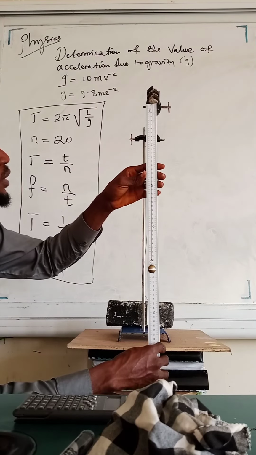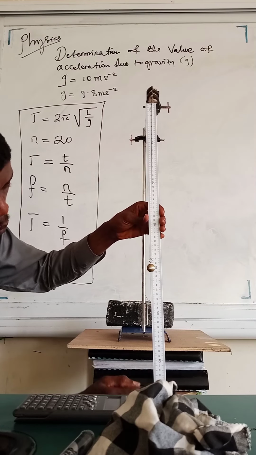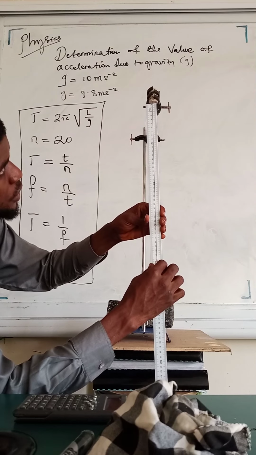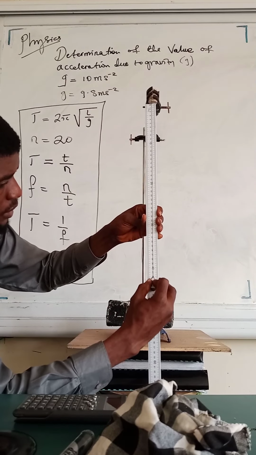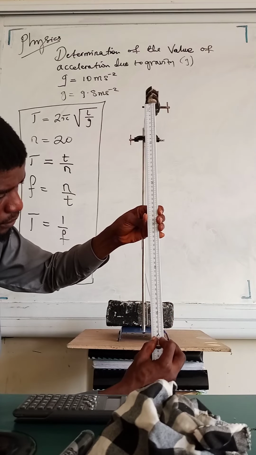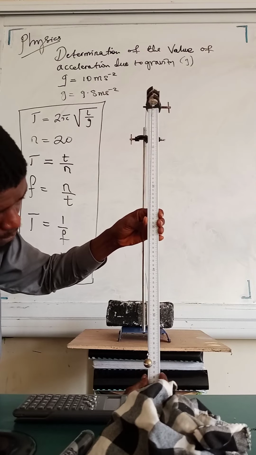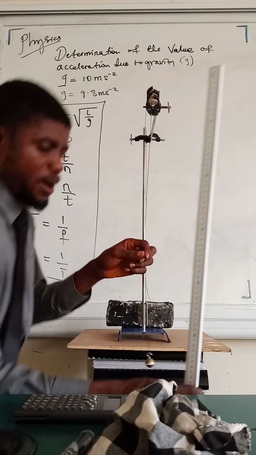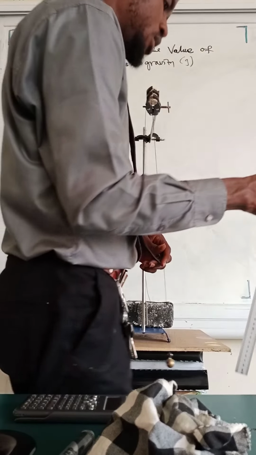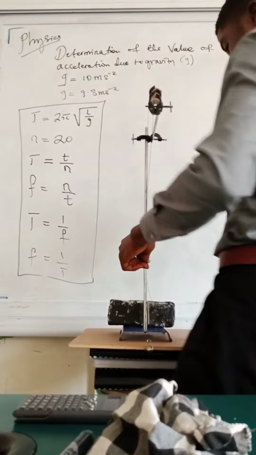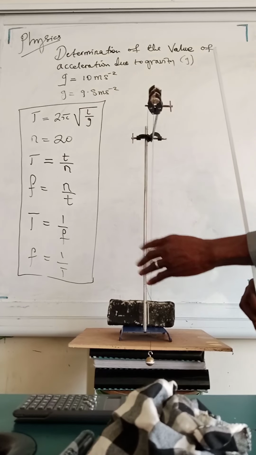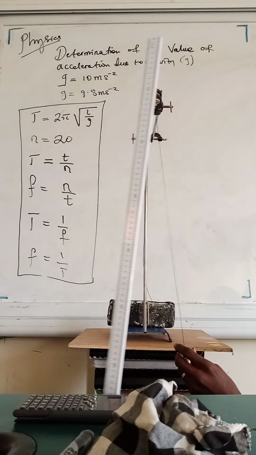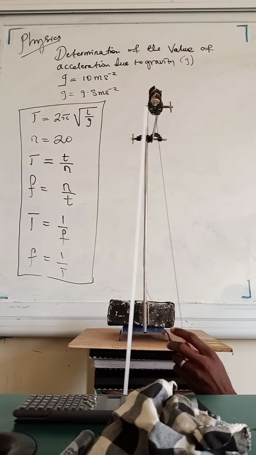So for the sake of this video, we want to go with 60. 60 is somewhere here. So I will pull this down, and to avoid error due to parallax, I would love to bend down so that I will look at the reading this way. So my ruler is facing this way now.